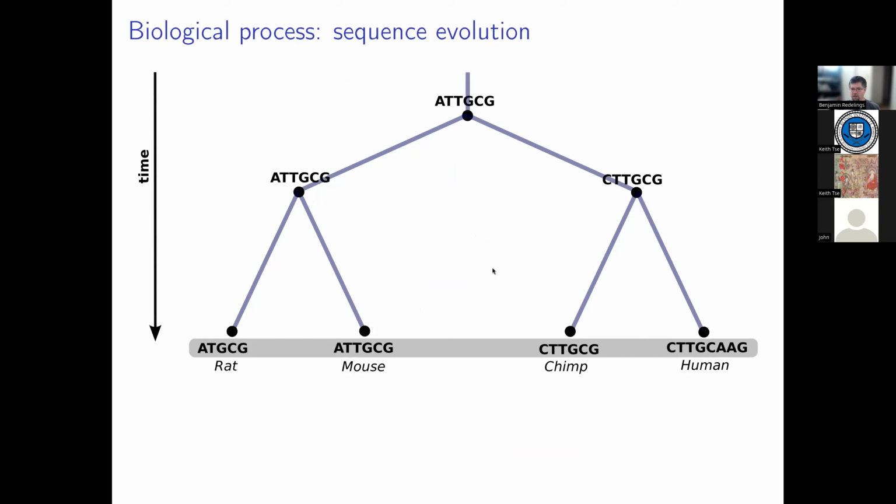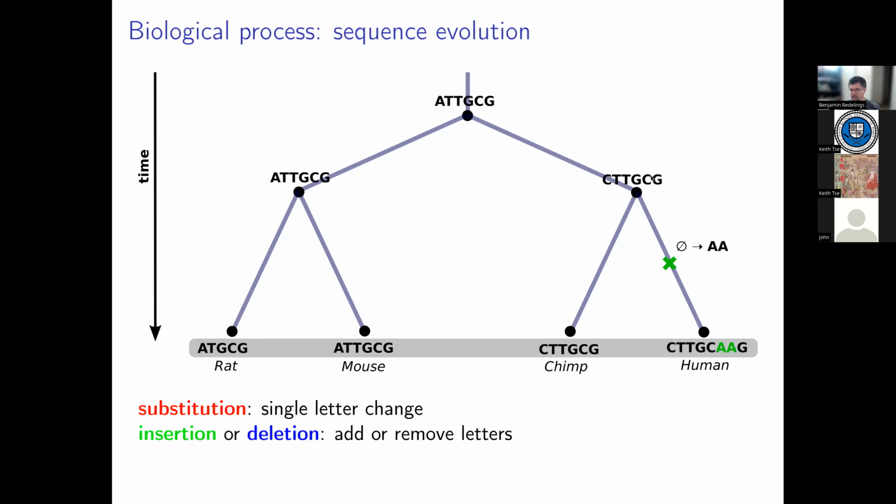So then for sequence evolution, we start with a sequence at the ancestor, indicated here, ATTGCG. And then evolution proceeds on each branch in a random walk that's independent of other branches. So one type of change is the substitution or single letter change. So here this red X represents an A to C change on the ancestor of chimp and human.